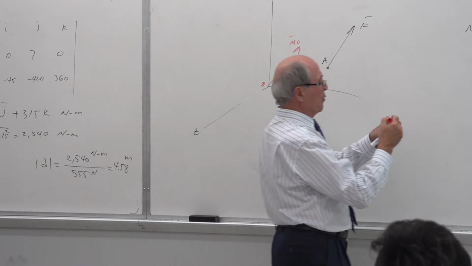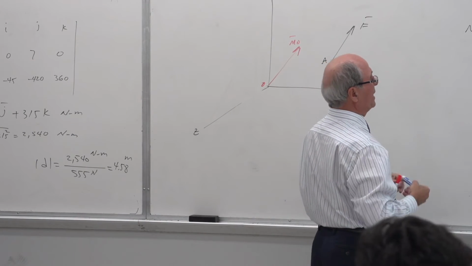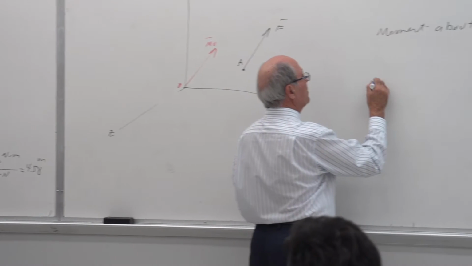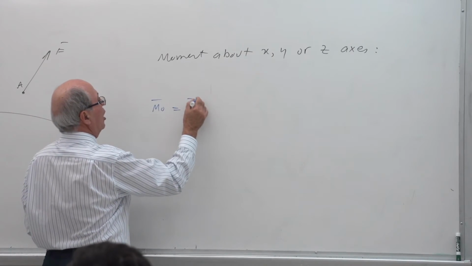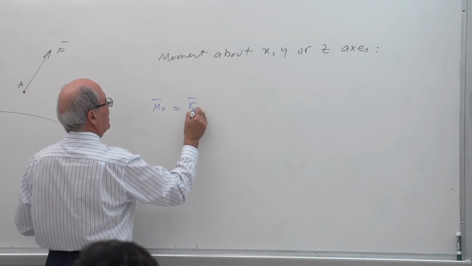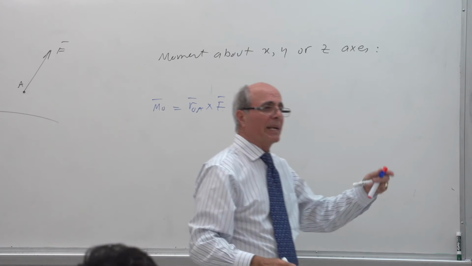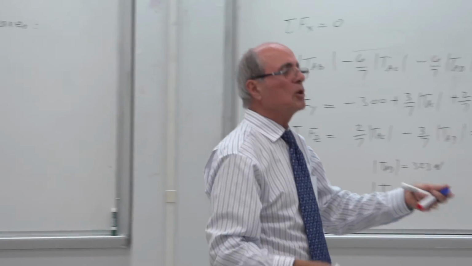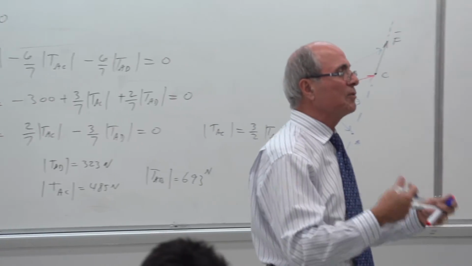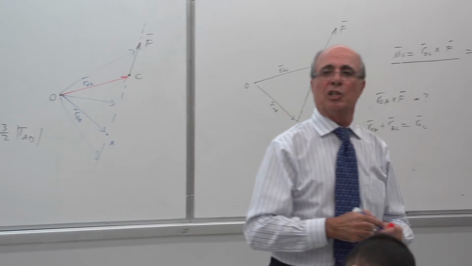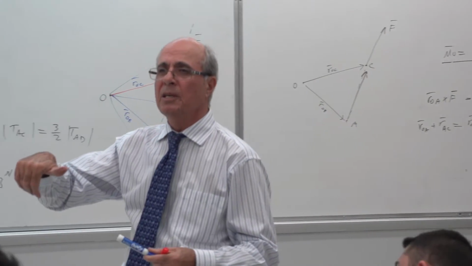Please pay attention to what I'm saying. When you write MO equal to r, here OA, cross product of F, didn't we end up with three components, the x component, the y component? Those are the moments about the x-axis and y-axis, and it could be plus or minus.